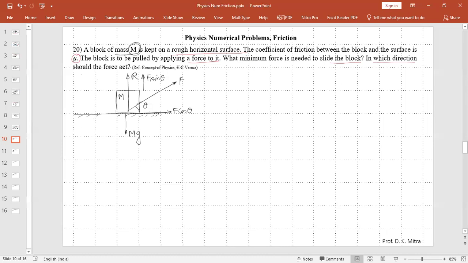In addition, there is a frictional force, Fs, equal to mu into the reaction R.